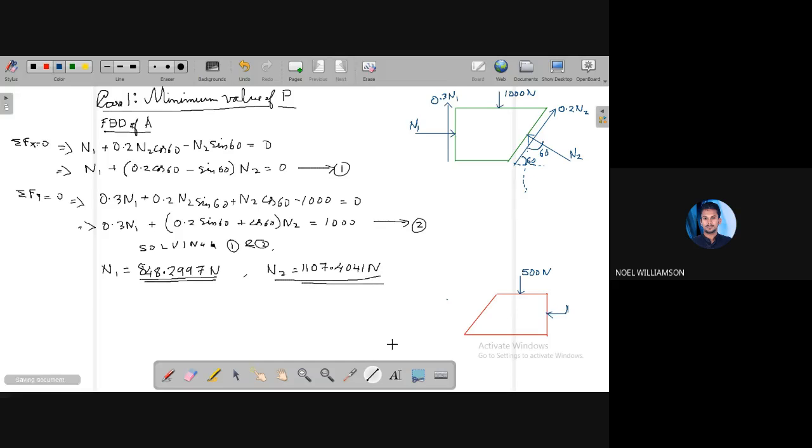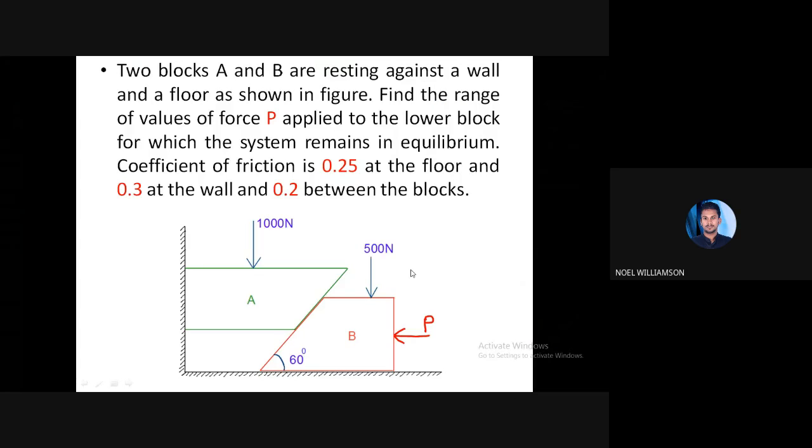Here it is N2, and let this be N3. Now regarding the direction of the friction, B is moving towards the right direction.